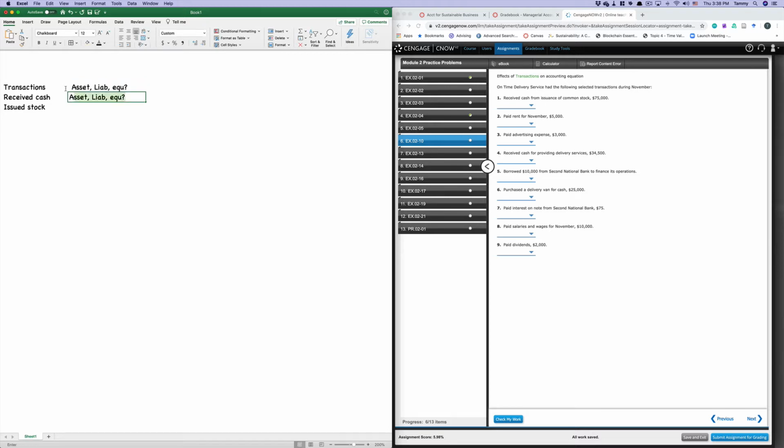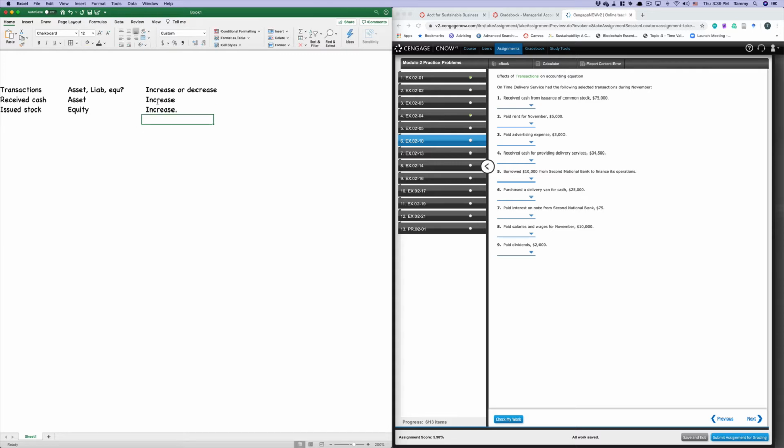So cash is an asset, and stock is an equity account. And then the next thing you need to think about is, was it an increase or decrease? Right, so we received cash, so the asset was going to increase. Okay, and we issued stock. That means our equity account increased as well.